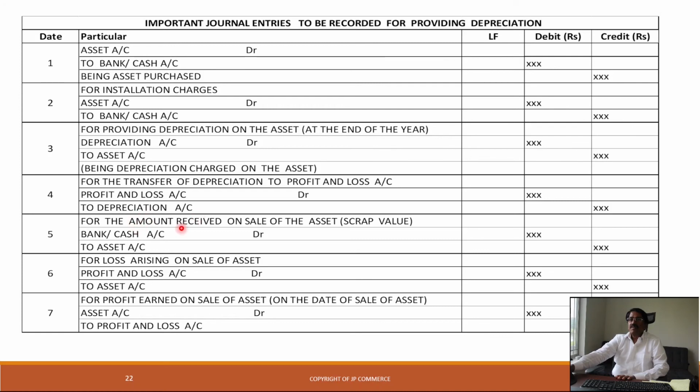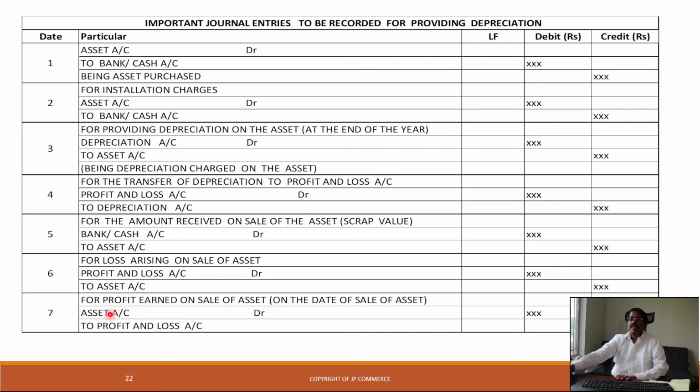For the transfer of depreciation to the profit and loss account: profit and loss account debit to depreciation account. Now for the amount received on sale of the asset, as we are receiving cash, it comes under real account, debit what comes in, so bank account or cash account debit to asset account when the asset is sold. Now for loss arising on sale of the asset: profit and loss account debit to asset account.